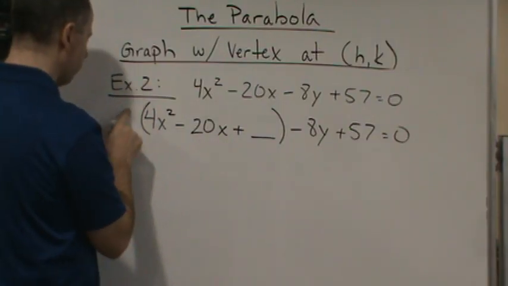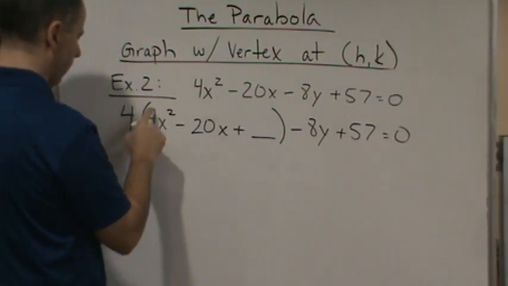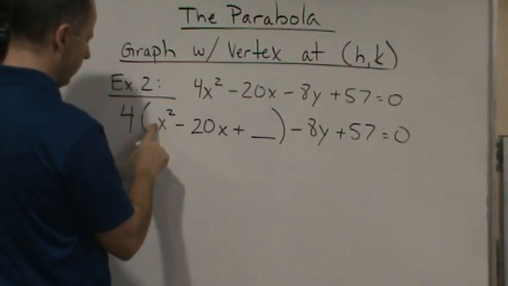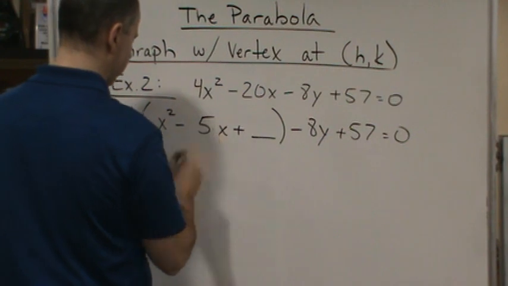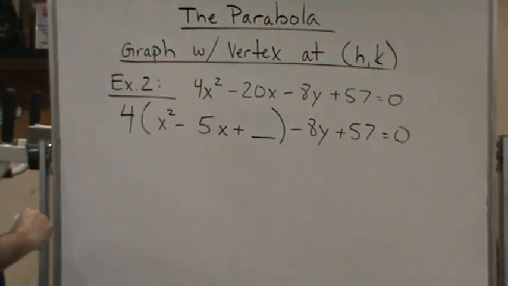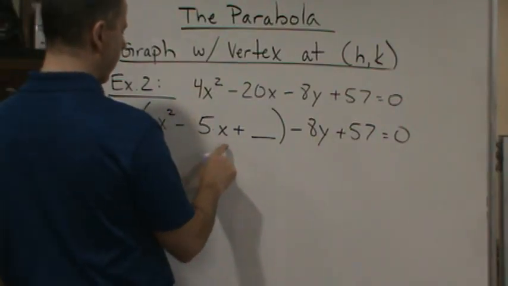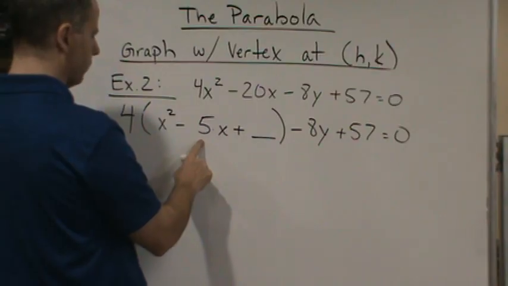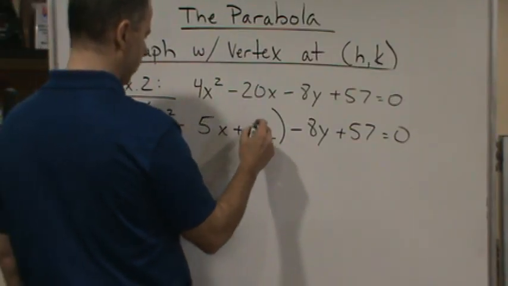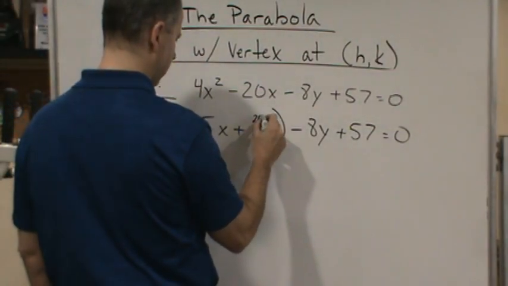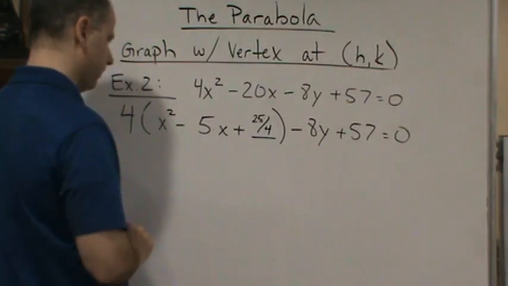And that's going to make this a 1, and this is going to be 5, okay? Now I can complete the square. How do I do that? I divide by 2 and square it. So 5 halves squared is going to be 25 fourths.